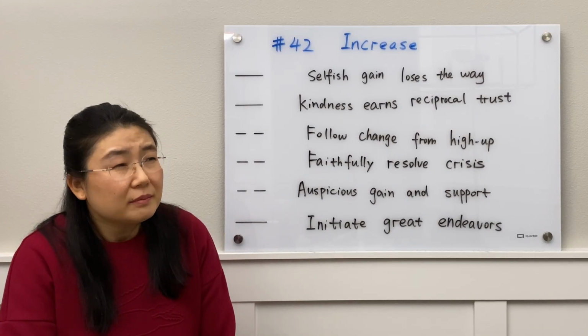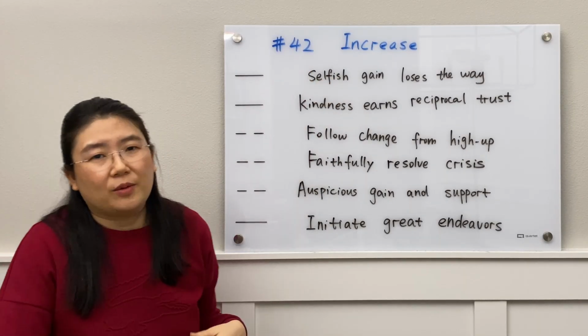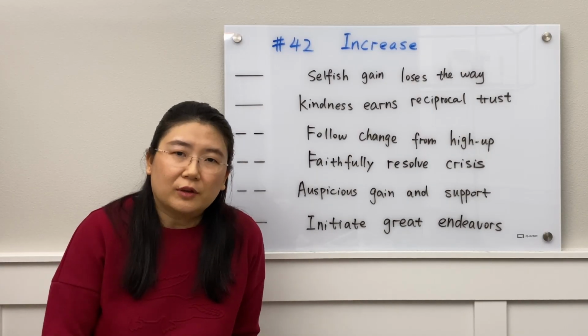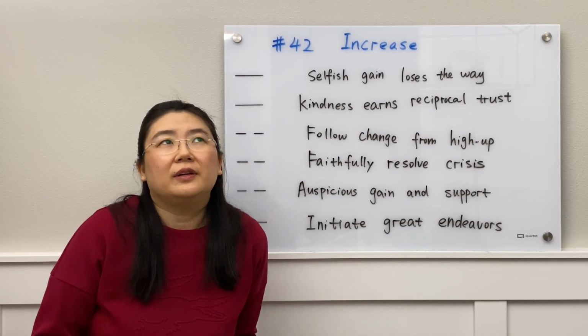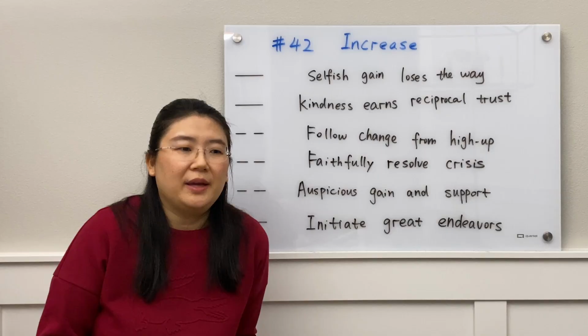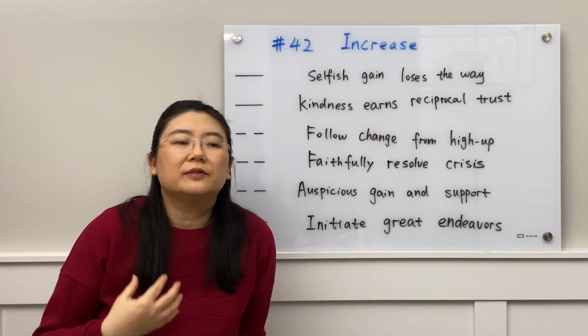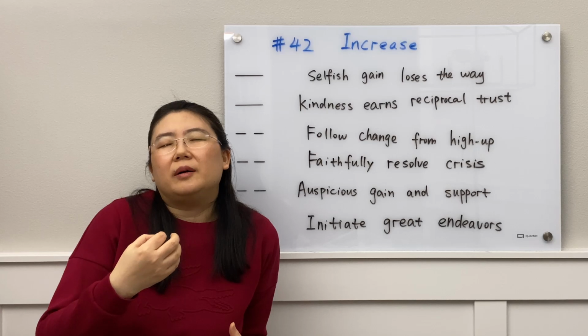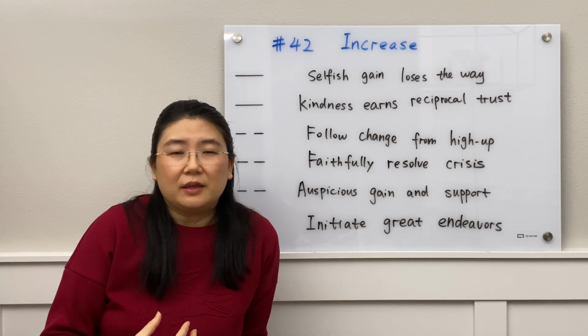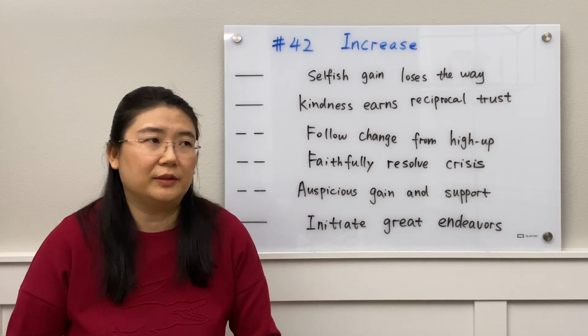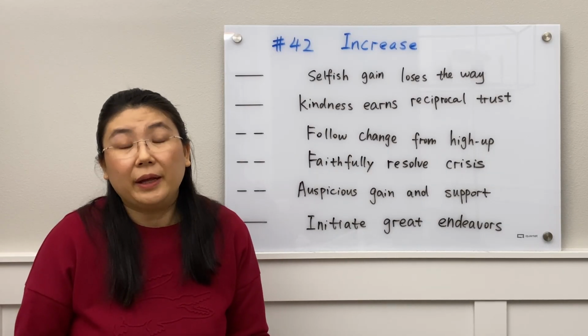That's why for this increase hexagram, the end result is by building up your own moral standard and virtue, make yourself better and better each day by selflessly serving public good, not just be so self-focused and selfish. You're not self-serving, you're serving the public, you're serving other people's benefit.